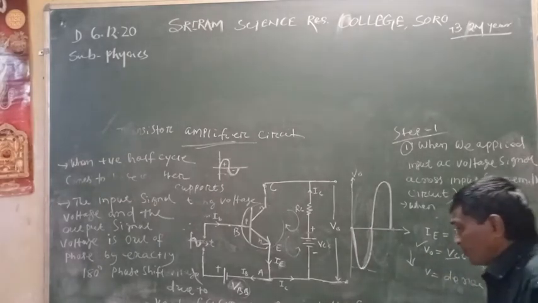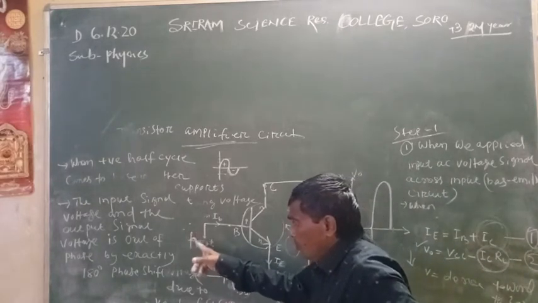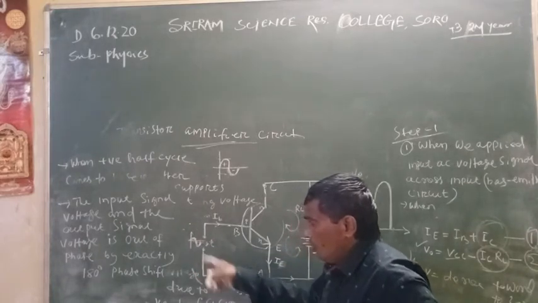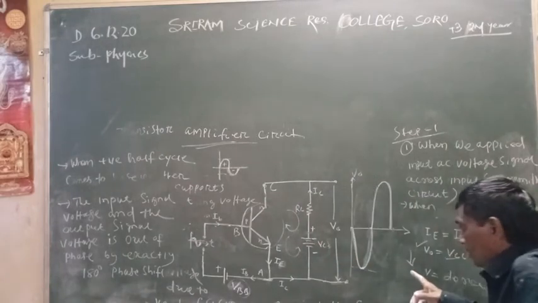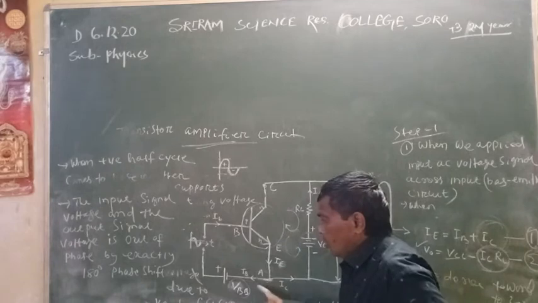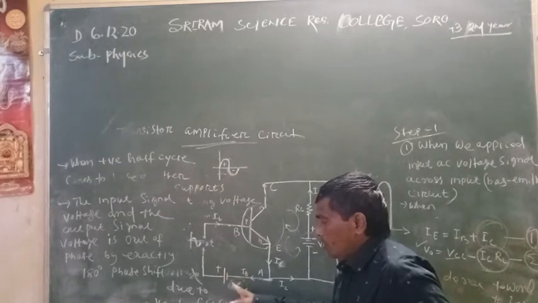Again, when the input AC voltage reaches the negative half cycle and reaches the base emitter junction, it opposes the biasing battery voltage VBB.